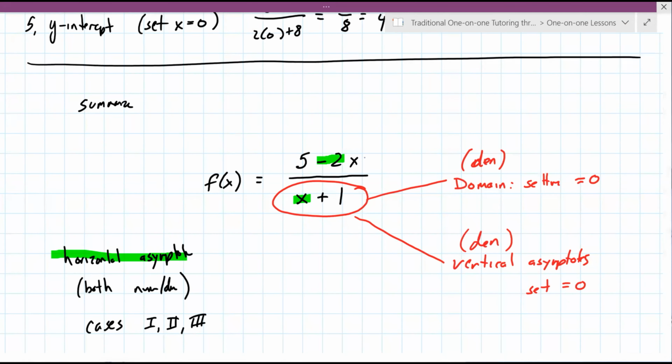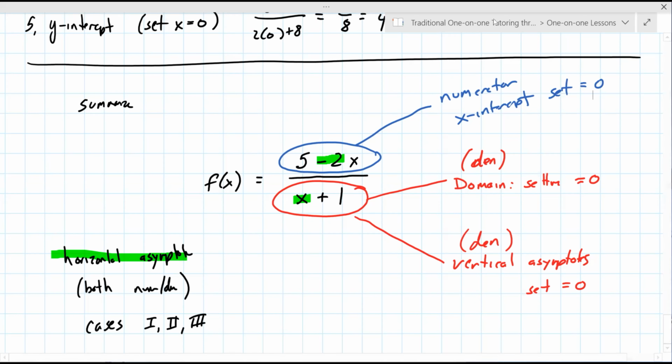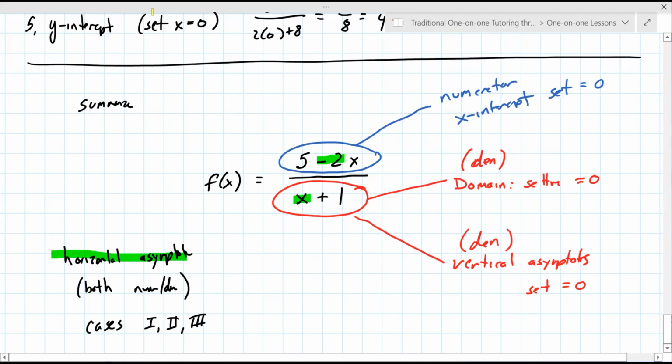All right, and then what is the numerator strictly used for? The x-intercept. Yeah. The x-intercept, and you set that equal to 0. And then for the denominator, oh wait, no, sorry. The y-intercept is when you set x equal to 0, using both the numerator and the denominator.